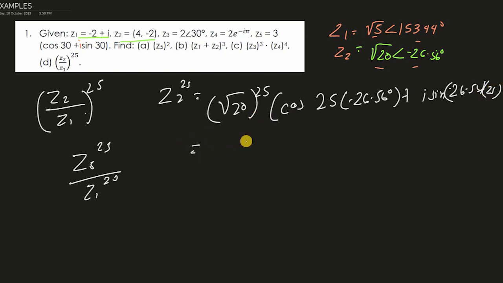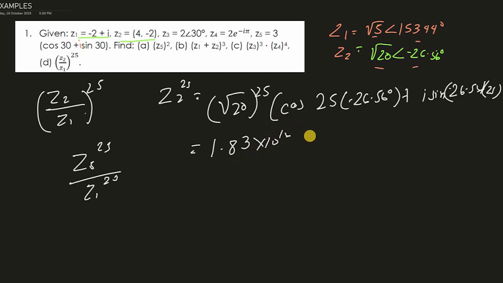So, I want it to be in polar form para hindi tayo mahirapan. Executing that, square root of 20 raised to 25. The result says na ang sagot niyan ay 1.83 times 10 raised to 16. So, mahaba daw yan. Raised to 16 yan.